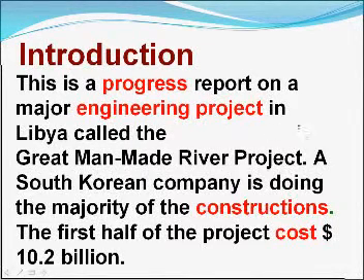On a major engineering project in Libya, you have to write the place where it is. Called, so then you should give the name of the project. The Great Man-Made River Project. Notice we have the first letters in capitals, the G, M, R, P in capitals.